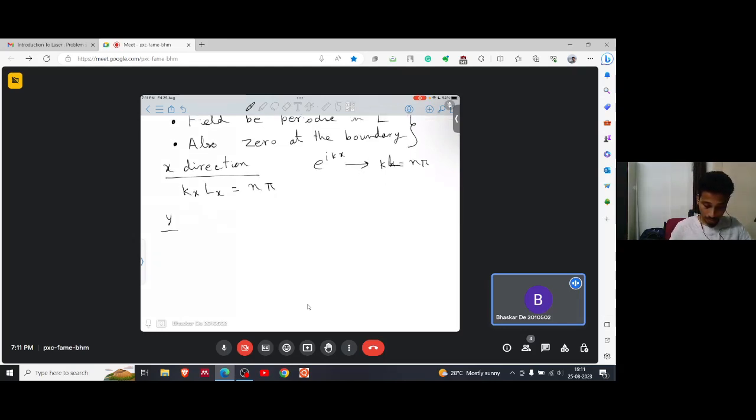For y it will be ky Ly equal to n pi. Then for z it will be kz Lz equal to n pi. Sorry, let's just distinguish this n. This one is nx, ny and nz. So these are the numbers of modes.